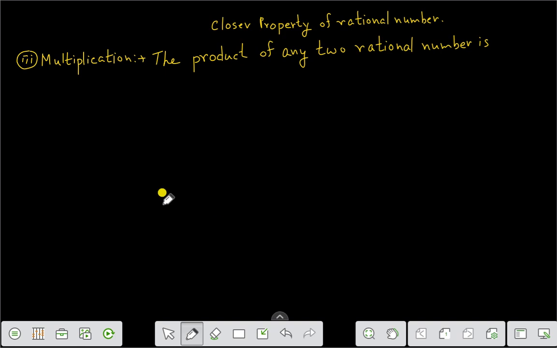The product of any two rational numbers is always a rational number.